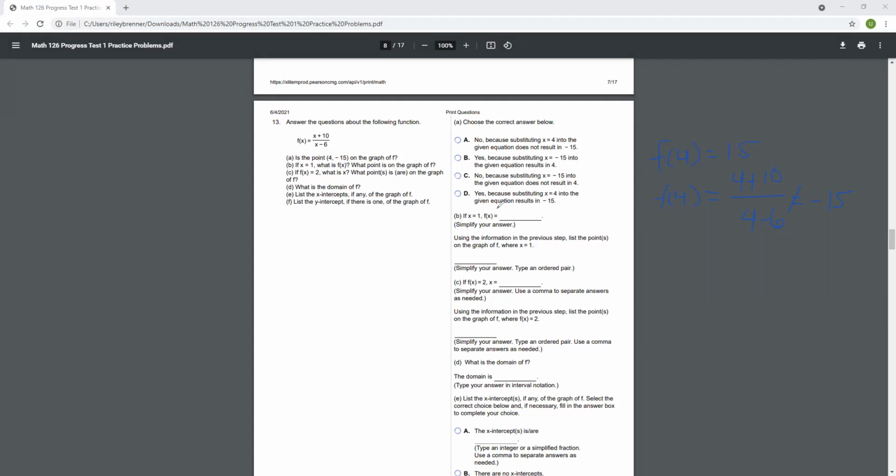And then by that, we would get D. So go ahead and verify that on your own and make sure that you understand why. That would be the solution. Then the next one is if x equals 1, what is f of x? It's saying that the input value I'm given is 1, and it essentially wants the output value. So for the second one, I would be doing f of 1.